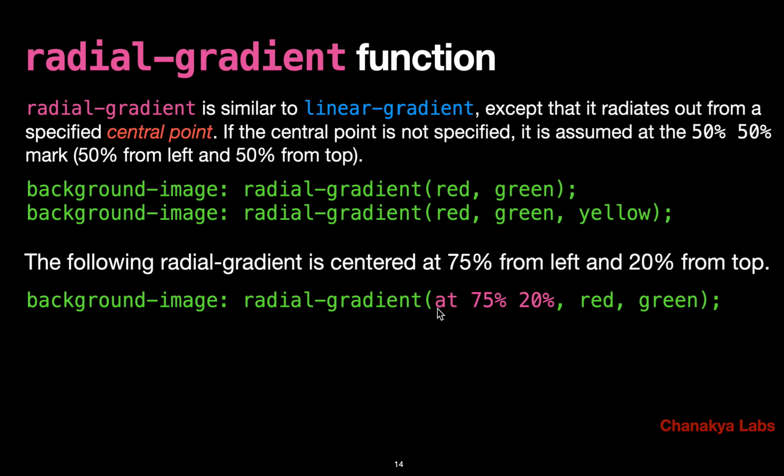which you can change by giving this syntax. Like linear gradient had syntax such as to right, to top, to top right, or degree, similarly here we have a syntax called at. After at, you can write two percentages. The first percentage means how much percent from left, and the second means how much percent from top.